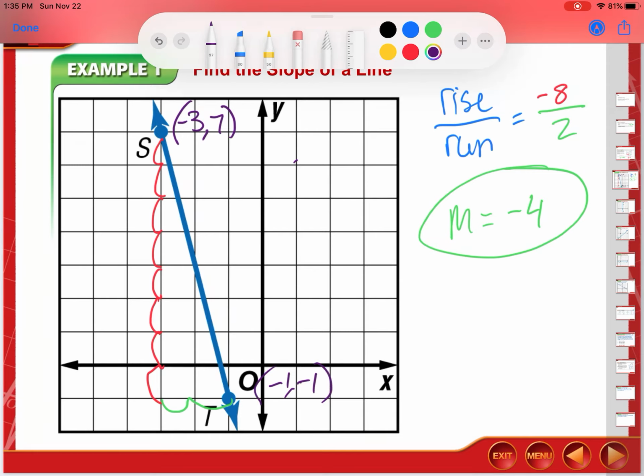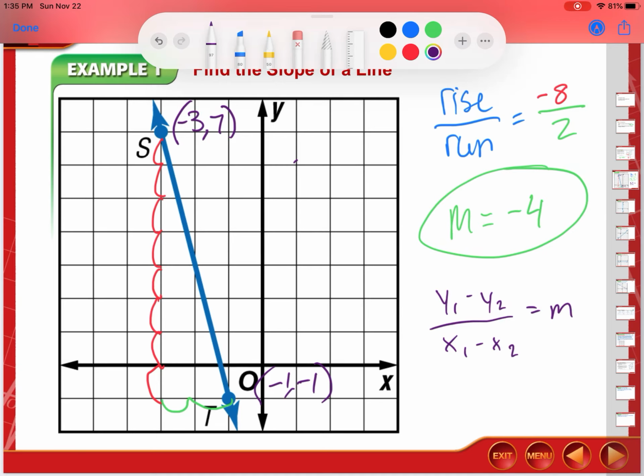And then point T is going to be -1, comma -1. We could use those 2 points to plug into our formula, which is y2 minus y1 over x2 minus x1.